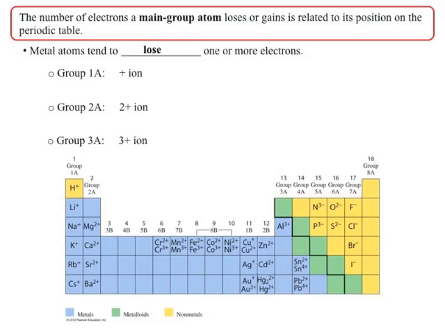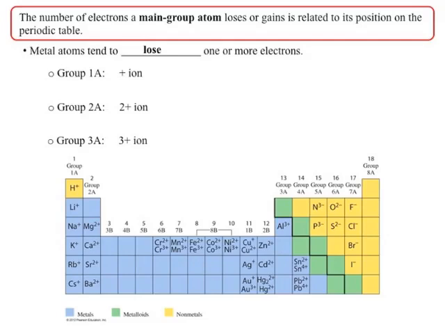The number of electrons lost or gained is related to the position in the periodic table. For example, all the elements in group 1A, except hydrogen, always lose 1 electron. The same number of electrons is lost as the group number. First of all, remember that metals tend, most often, to lose electrons.